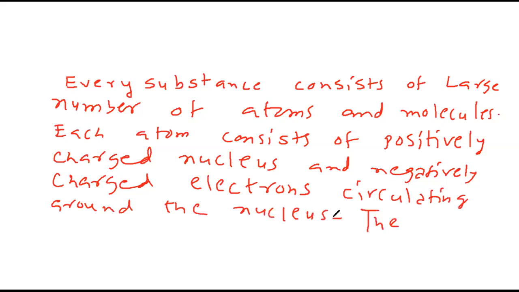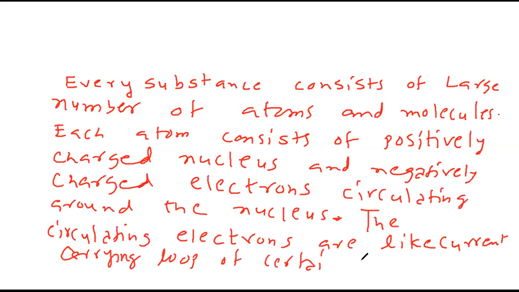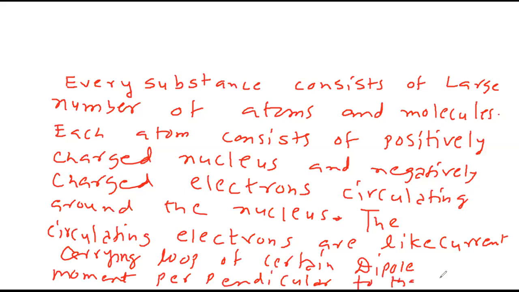The circulating electrons are like current carrying loop of certain dipole moment perpendicular to that orbit.